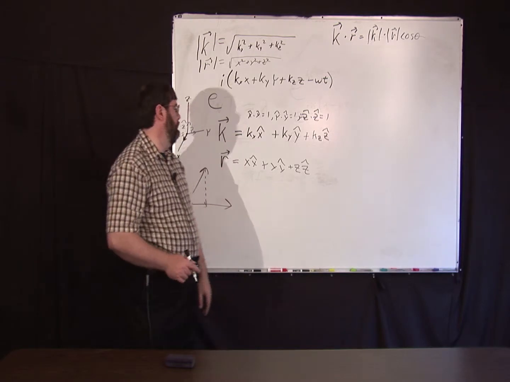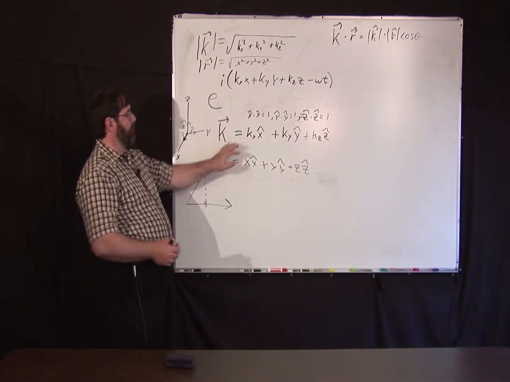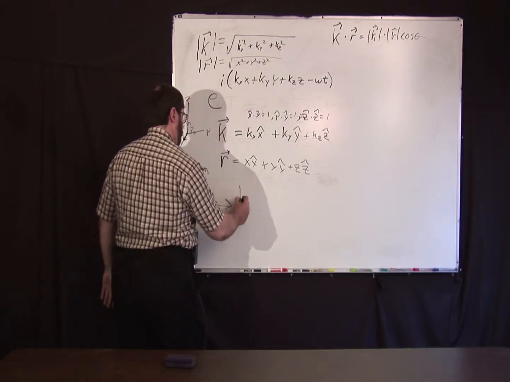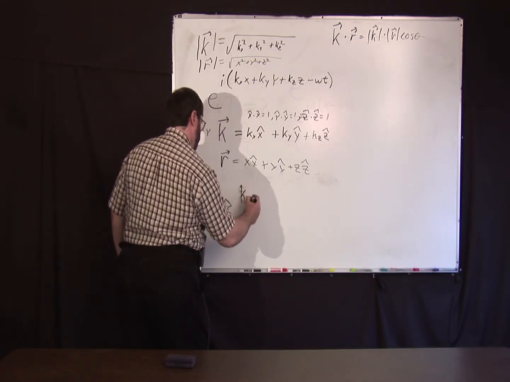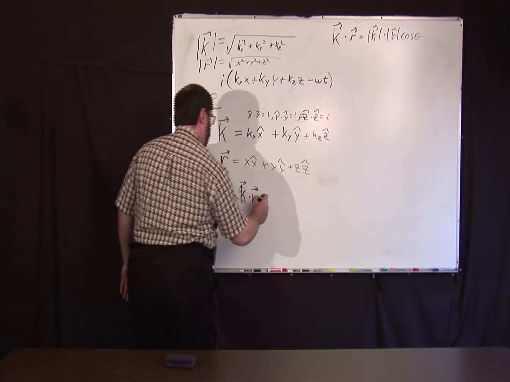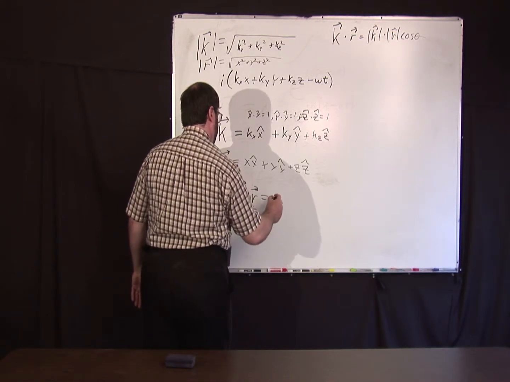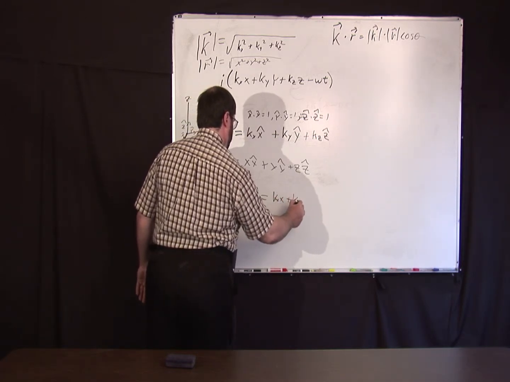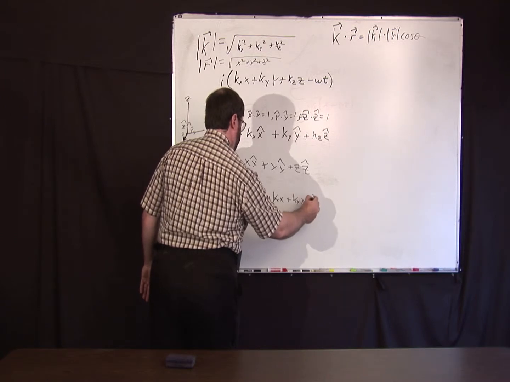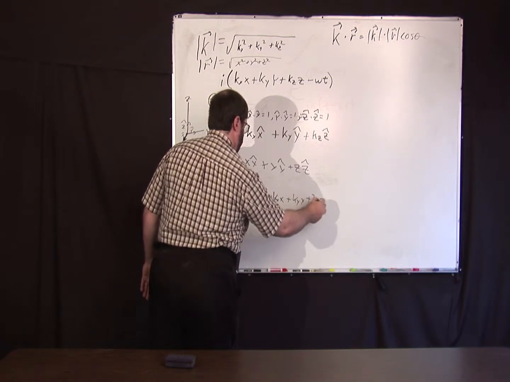since these are at right angles to each other, so there's no projection. So you can also define k dot r equals kx x plus ky y plus kz z.